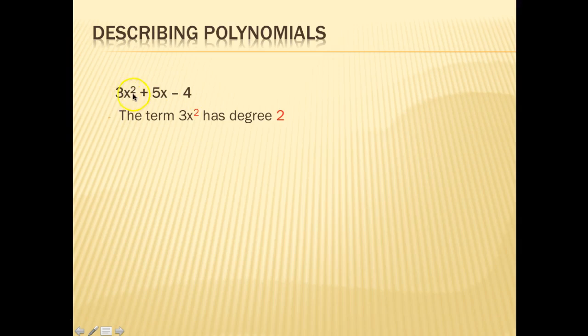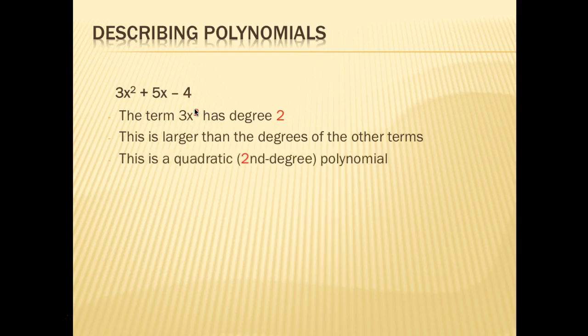Since this term has the biggest exponent, whatever that exponent is, that is my degree. So this is a second degree polynomial, and a second degree polynomial is known as a quadratic.